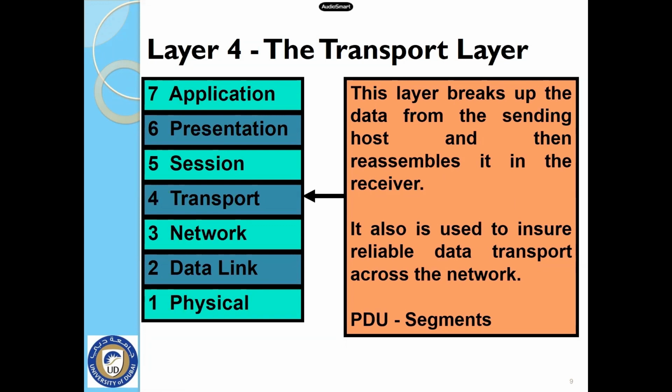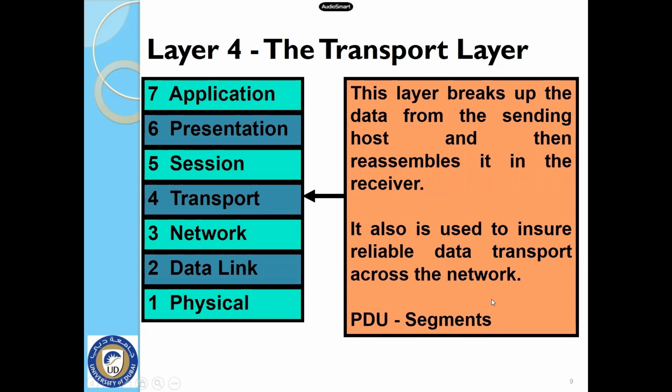In order to ensure reliable data transport, each segment or packet will be labeled with a number, like this is packet number 1, this is packet number 2, and so on. Once this data is received at the other side, it will easily arrange the data to get the original message. In this case, the output is the segments.